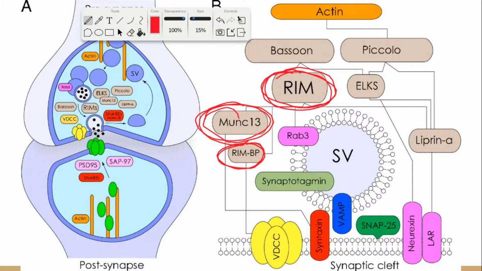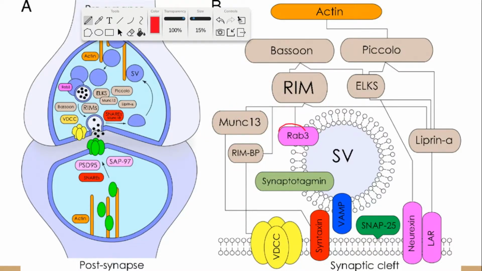So remember RAB3. RAB3 is a GTPase, and when it's bound to GTP, RAB3 can interact with its effectors. The RAB3 effectors include the RIM-MUNC13 complex. So when RAB3 has GTP, it can interact with its RIM and MUNC13 effectors.